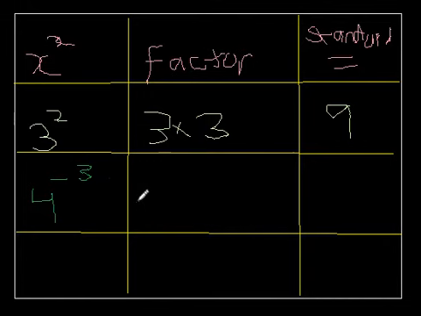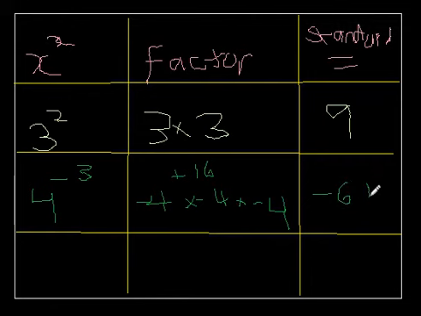This is the same as going negative 4 times negative 4 times negative 4. A negative times a negative is positive, so this will be positive 16. And then a negative times a positive is a negative, so positive 16 times negative 4 would give us negative 64.